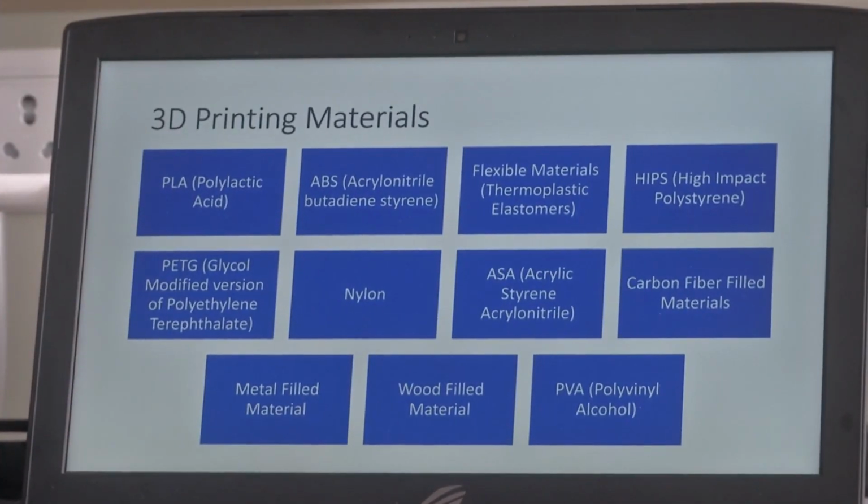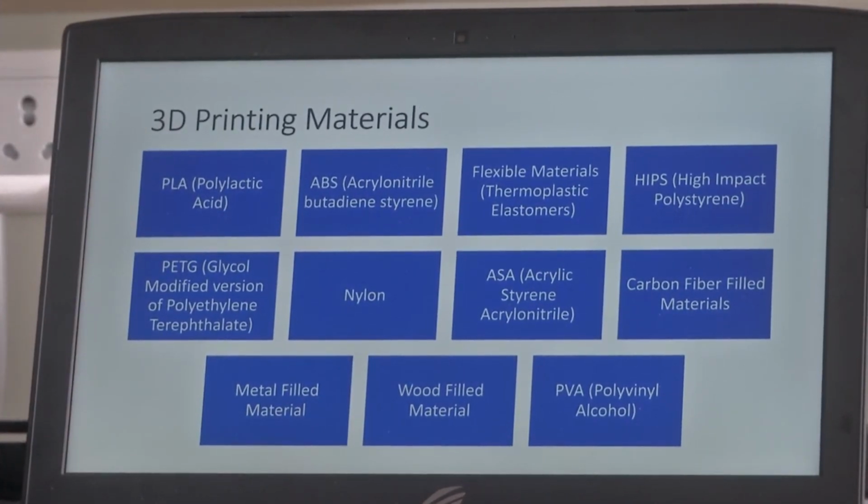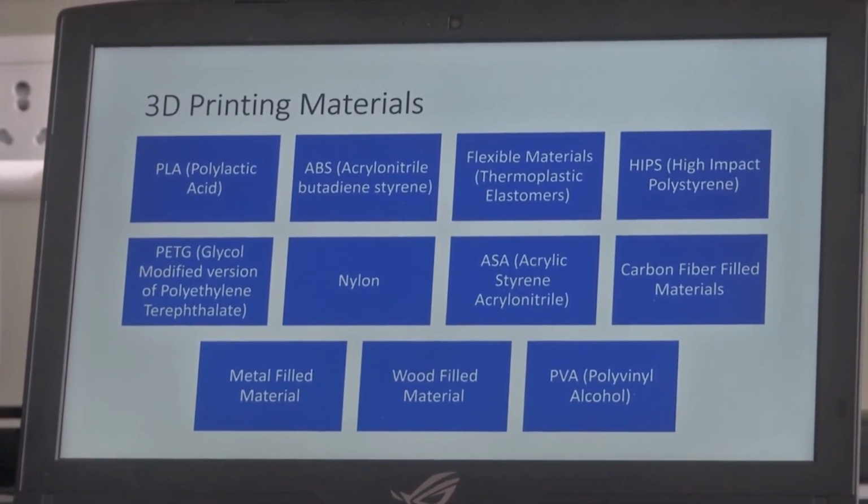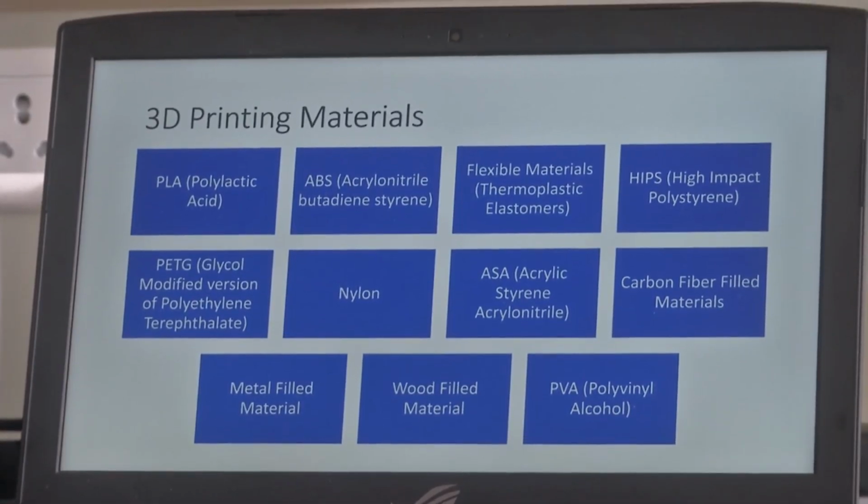One major difference between PLA 3D printing and ABS 3D printing is that for PLA, the printer does not need any heat bed. That means there is a platform where the material is deposited.